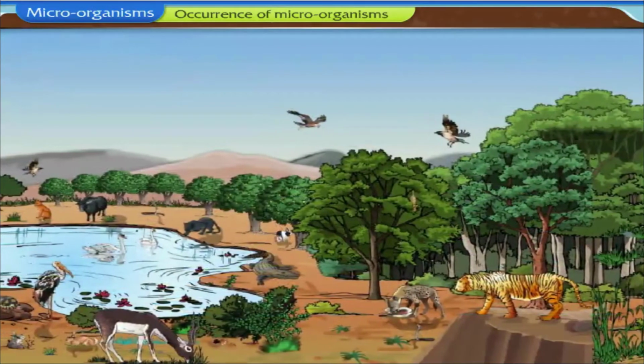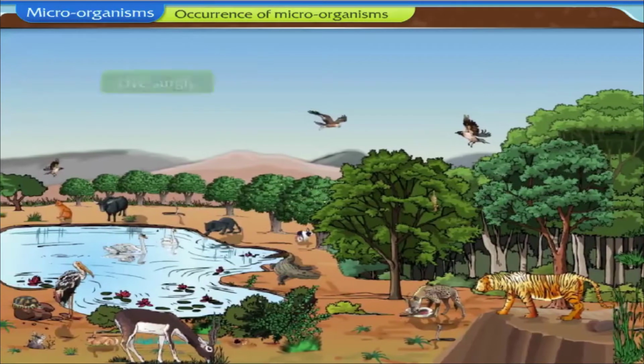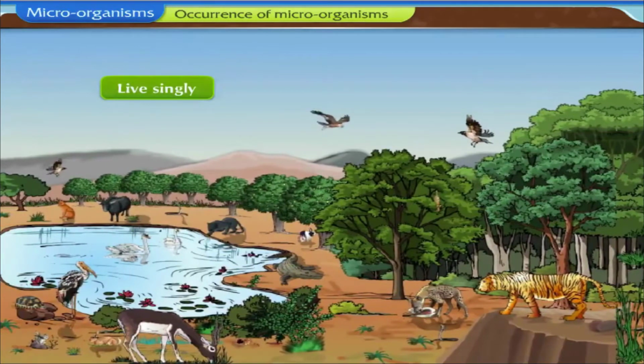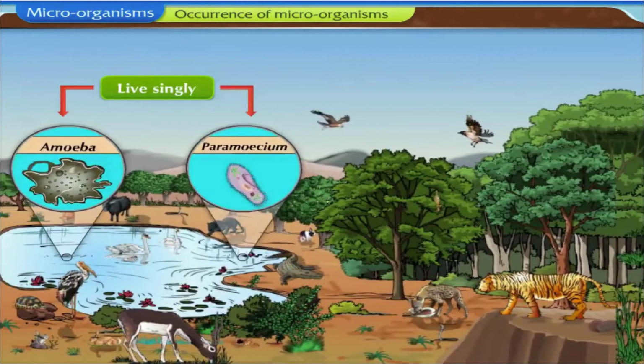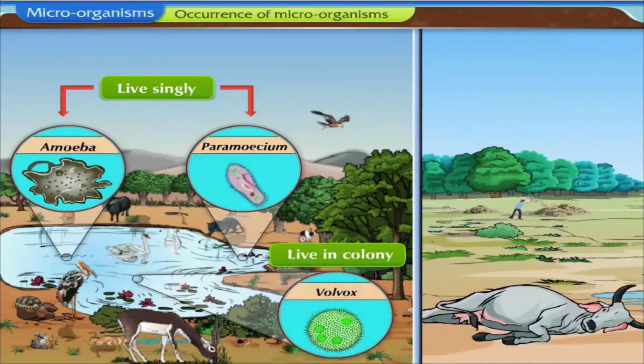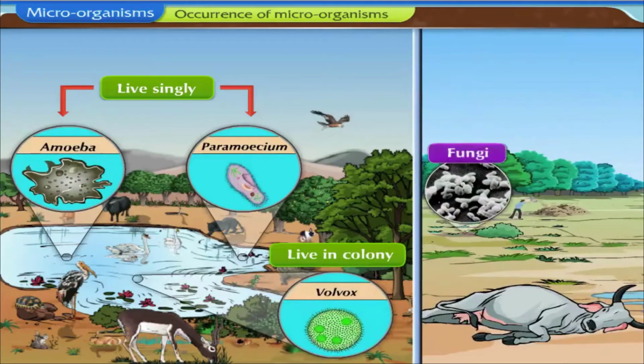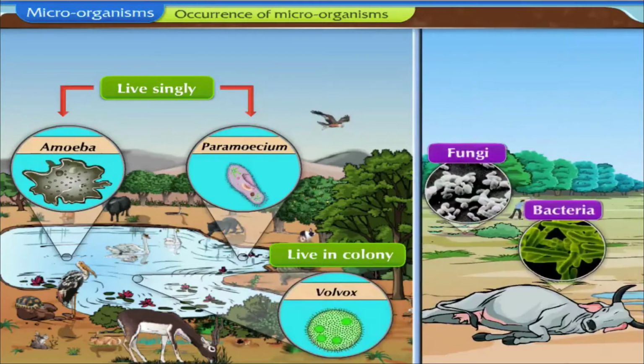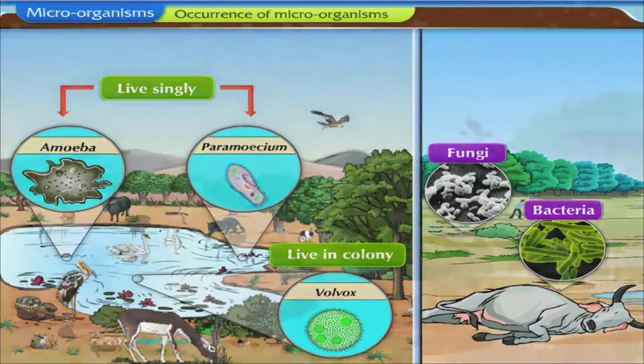Some microorganisms are solitary, that is, they live singly, such as amoeba and paramecium, whereas some live in colonies, like volvox. Some microorganisms, like fungi and bacteria, live on the remains of dead plants and animals.